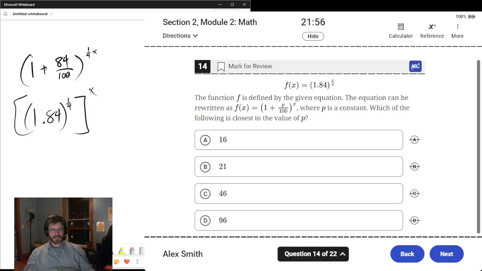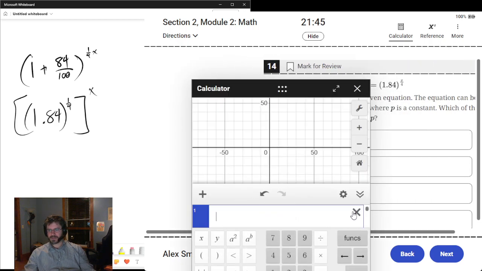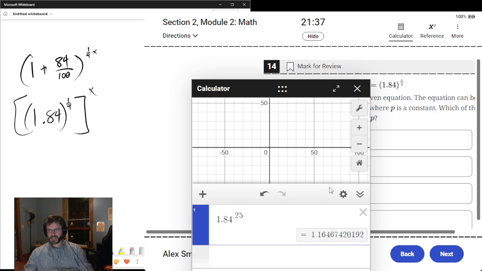I'm not using the Desmos calculator for this. Just using my standard regular old calculator. Actually, I will use Desmos. My calculator doesn't do exponents nicely. 1.84 raised to the 0.25 power is 1.6 something there, 1.646.